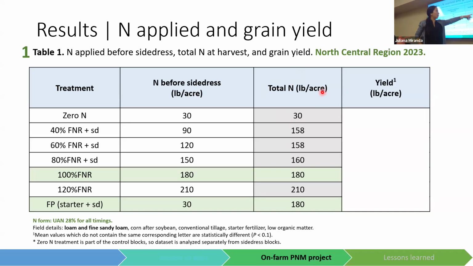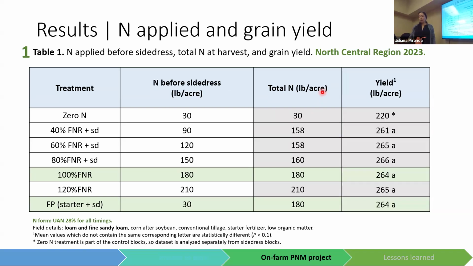So you can see it go from 158 to 210. That is almost 50 pounds in difference. And if you look at the yield, we were able to reduce the nitrogen use without affecting the yield. So that is a good example. You see, there was no difference. So that was a good case.